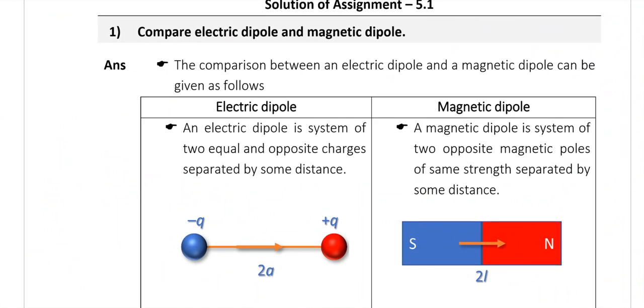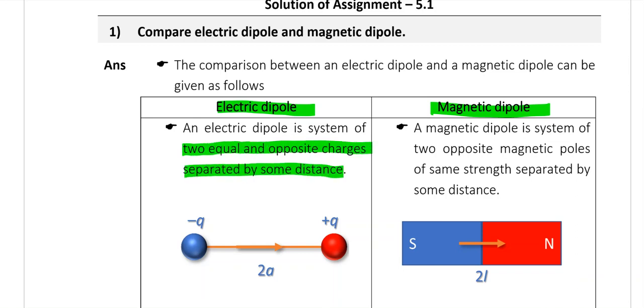First one is comparison between electric dipole and magnetic dipole. So what is an electric dipole? It is a system of two equal and opposite charges separated by some distance. What is a magnetic dipole? It is a system of two opposite magnetic poles of the same pole strength. In case of electric dipole, the magnitude of charge is the same.